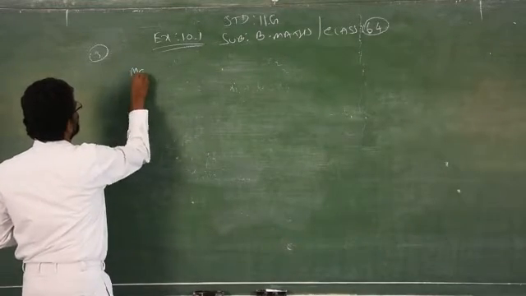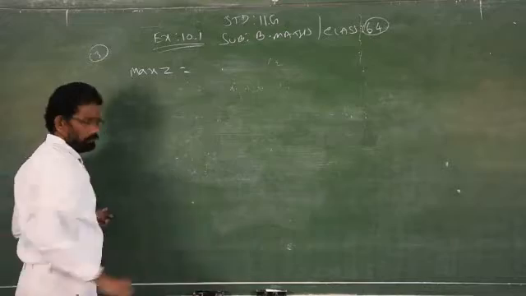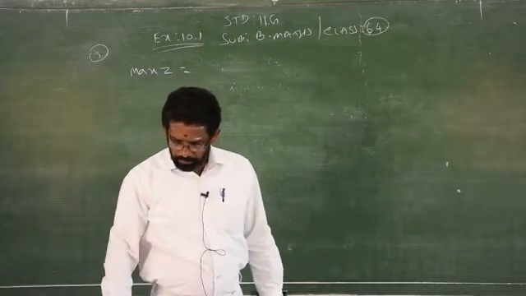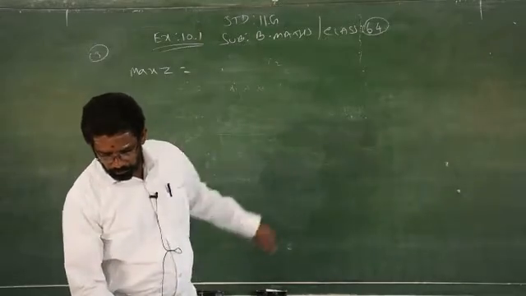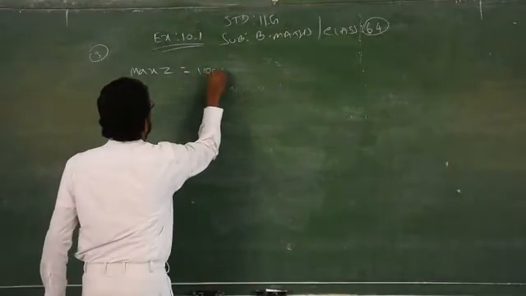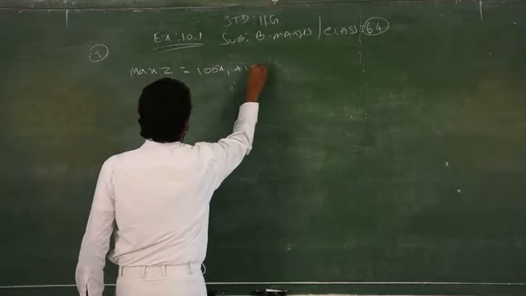So now you have to maximize the profit, because profit per unit is given: 100 X1 plus 150 X2.